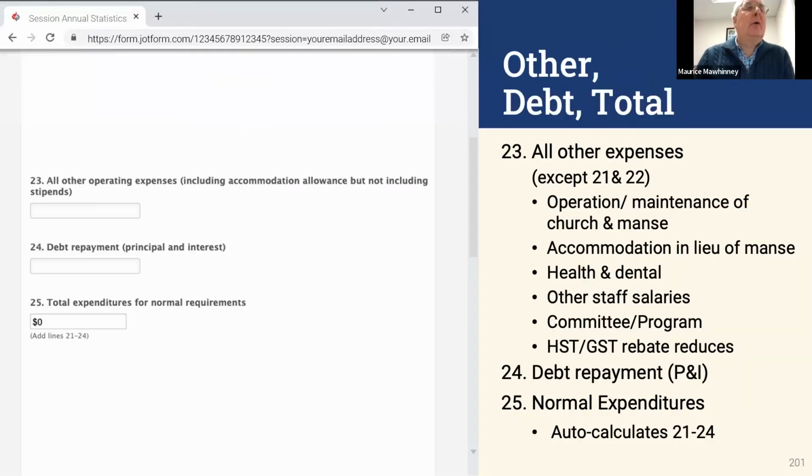On line 23, you've got to go through and pick up all your expenses that are reported on your consolidated schedule of all your expenses. That would include all your operating expenses for maintenance in the church. It will also include the housing allowance that would now come in that was reported on 11A.